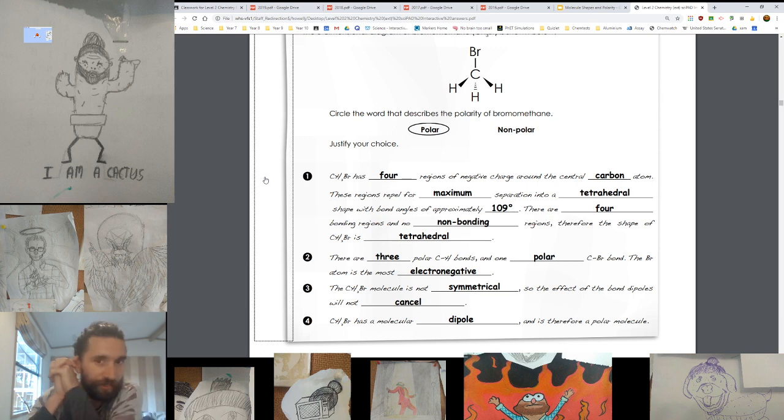What I would say personally is that the dipole between carbon and bromine and the dipole between carbon and hydrogen are different strengths because bromine and hydrogen have different electronegativities. This means that the dipoles will not cancel out, meaning that the molecule is polar.